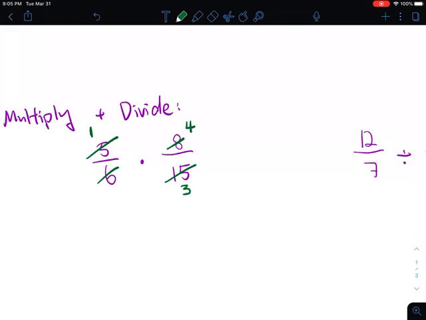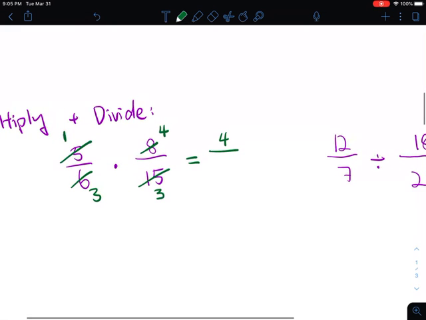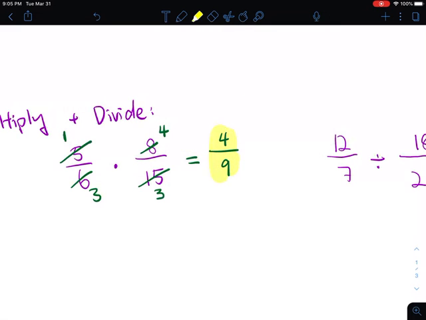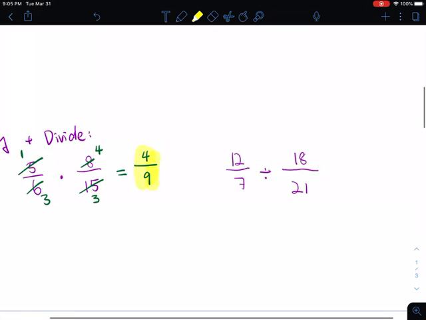So I get 4 here, and then 6 divided by 2 is 3. And now let's go ahead and multiply what's left. So I get 1 times 4 is 4, and 3 times 3 is 9. So we get the same answer, but doing it this way, which is the way we're going to do it with the rational functions, usually will make the problem much easier because we're working with much smaller numbers. Okay, so that's multiplying with fractions.